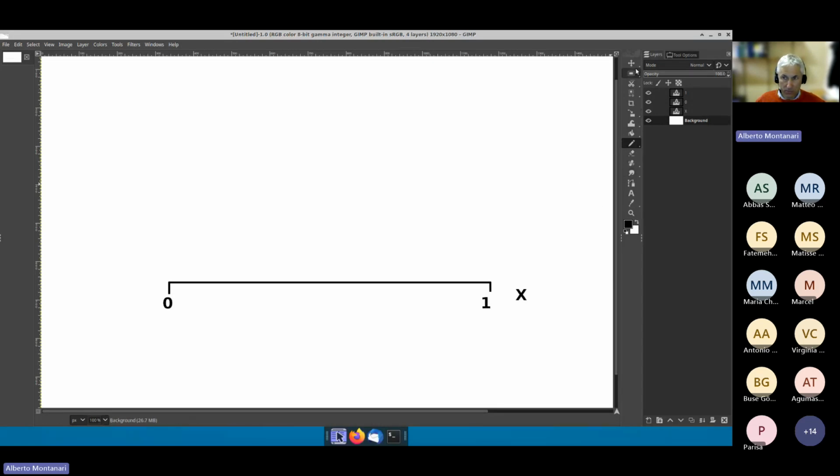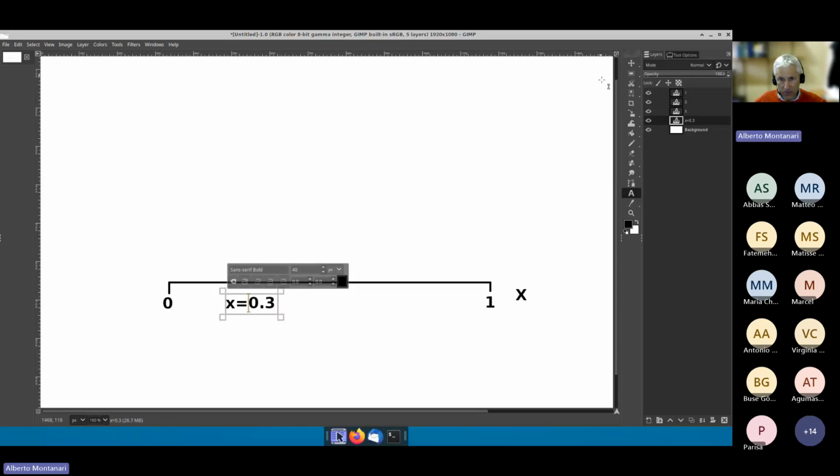In R, I generated 1 million outcomes. Okay. So when I want to generically indicate the random variable, I say random variable capital X. If I want to identify a specific value, which may be, for instance, 0.3, let me place it somewhere here, 0.3, then I say lowercase x equal 0.3.